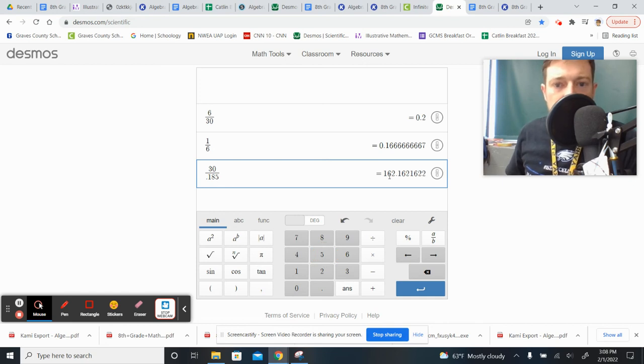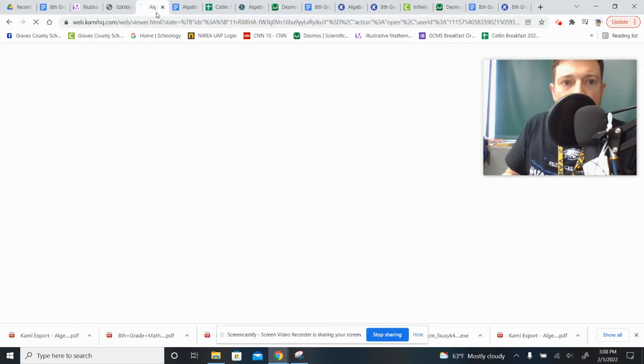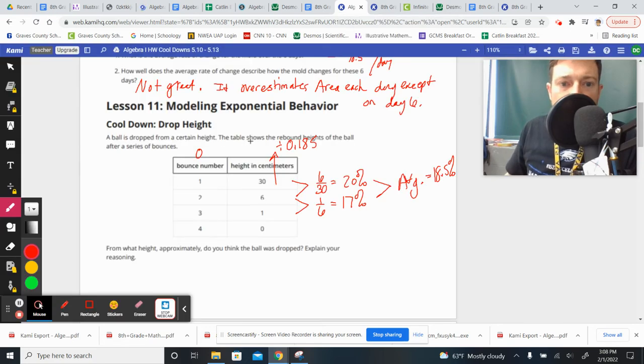So our guess is it was dropped from initially about 162 centimeters. That's a lot of loss, but we saw that pattern as it went along.